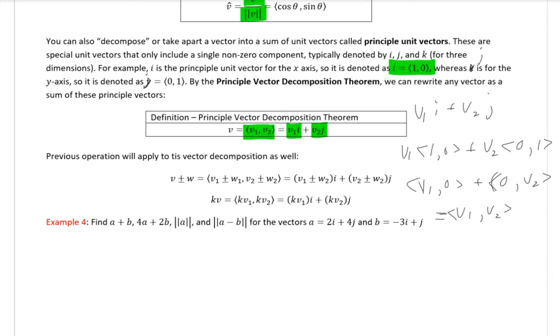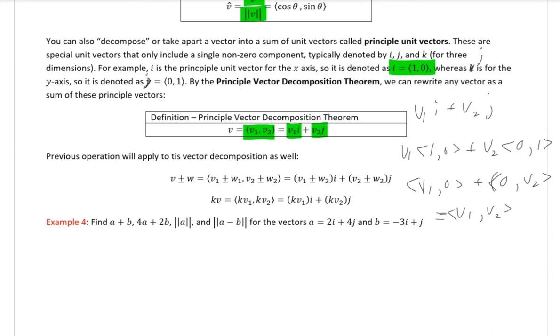This is another common way of representing vectors, in its decomposition form instead.